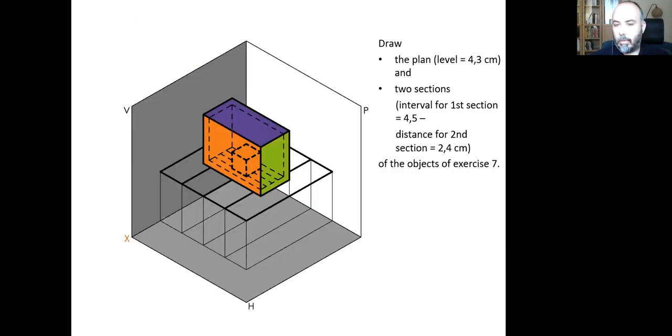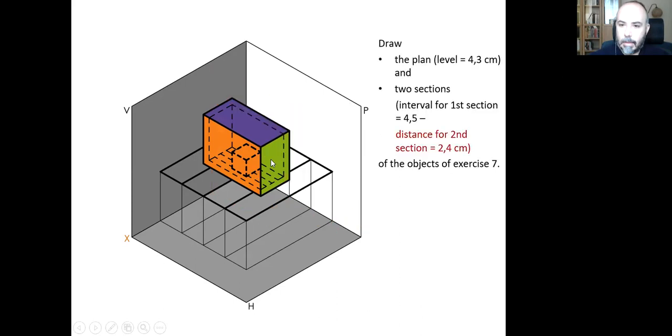Now I can move on. I can put the object back together, combine the cut parts so that I will be able to cut it one more time. This time, I finished my first section. I can start my second section here.